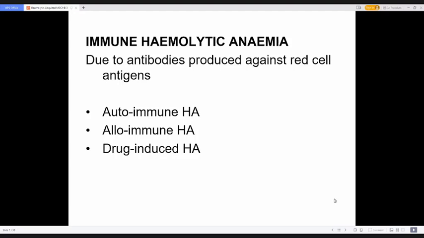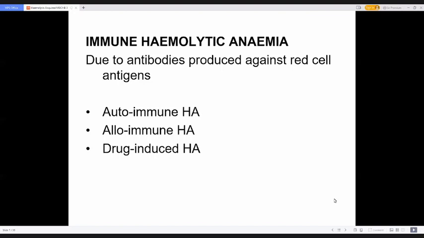This immune hemolysis is usually due to production of antibodies against red cell antigens. And these antibodies, we can usually detect them in the laboratory, and you're going to be told about the techniques that we have for detecting antibodies in the laboratory, mainly the Coombs test, or the anti-human globulin test that we use in the laboratory to detect antibodies.